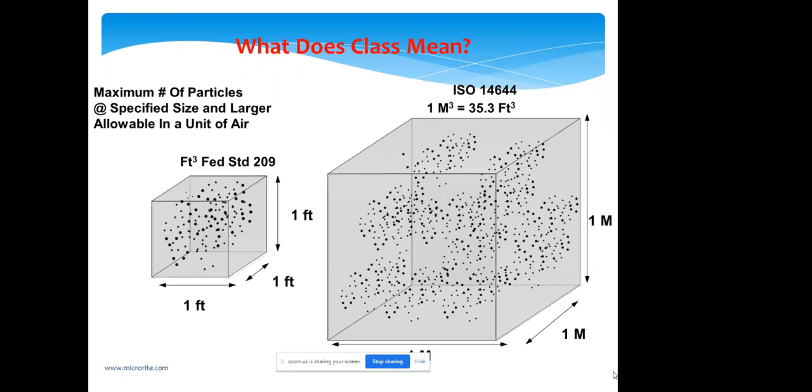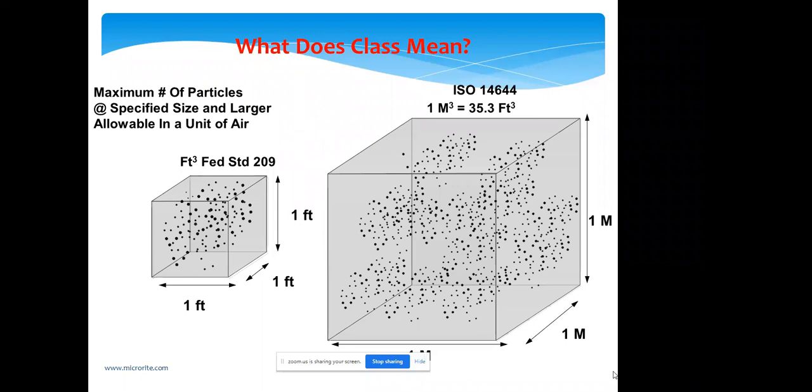Class 100 is the old terminology, and class 5 is the new ISO nomenclature. So in the old class 100, you would have a 1 square foot box, and in that 1 square foot box, 1 foot by 1 foot by 1 foot, you would have no more than 100 particles that are 0.5 microns or larger.